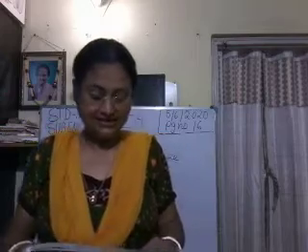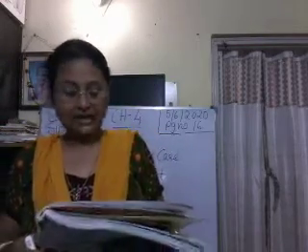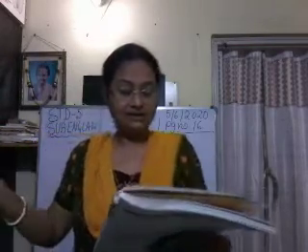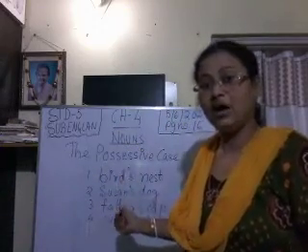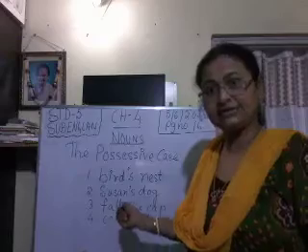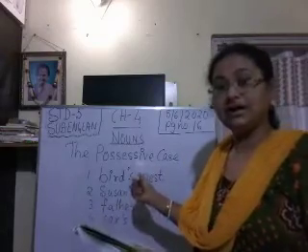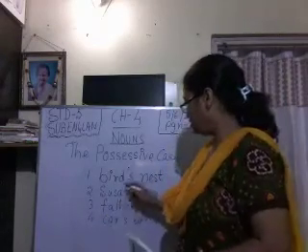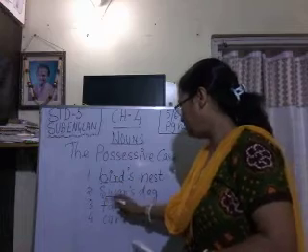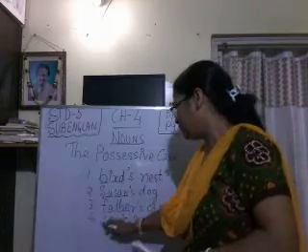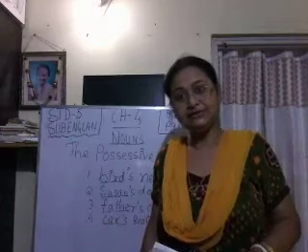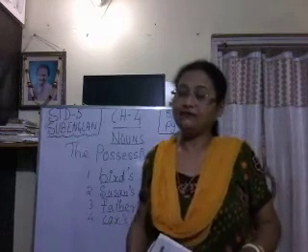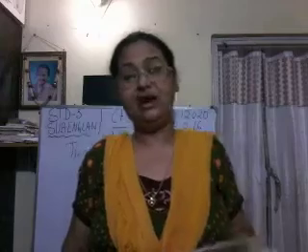So in all these sentences, the words bird's, Susan's, father's and car's all show possession, isn't it? So they are called possessive nouns. Clear? Now you can tell very nicely what a possessive noun is, or what you mean by possessive case.